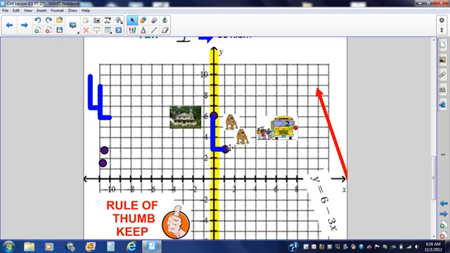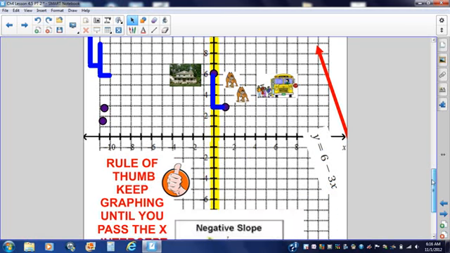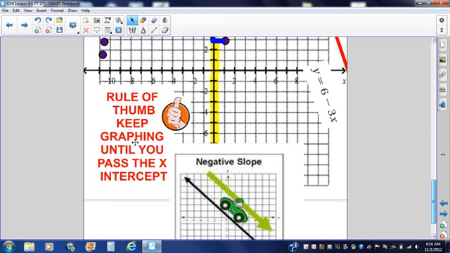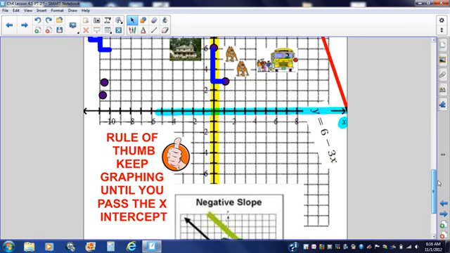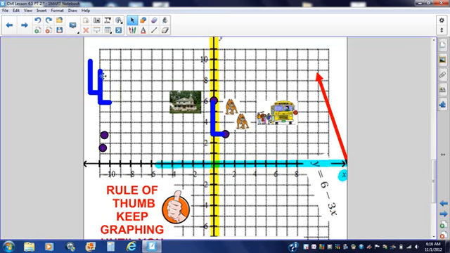Put a dot. Rule of thumb, keep graphing until you pass the x-intercept. So for my visual people, keep graphing until you pass that blue highlighted line, or that x-intercept. So I'm going to go down 3, right 1.